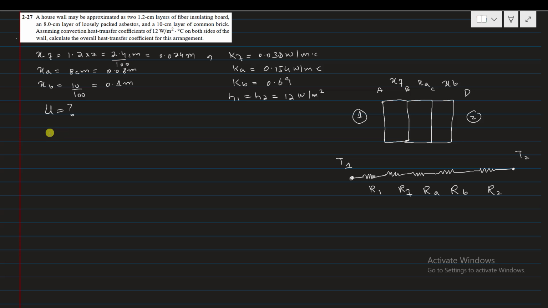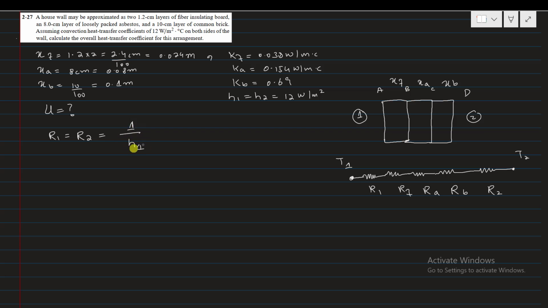Okay, so this R1 and R2 are the same, because at both sides the convection heat transfer coefficient of the wall is the same, so its resistance must be the same. Remember, in this formula we are using the resistance per area, so it is 1 divided by H1.